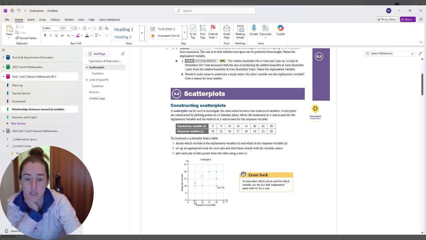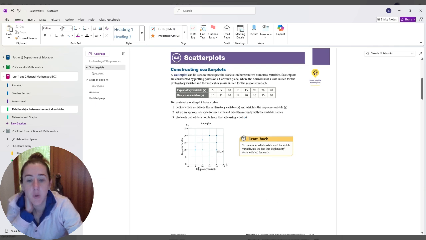So we walk across 5 and climb up 10, and that plots our first data value. Then we go to our next set of coordinates, which is 5, 12. From our origin, we walk across 5, climb up 12, and plot our point. We do that for each value in our table.